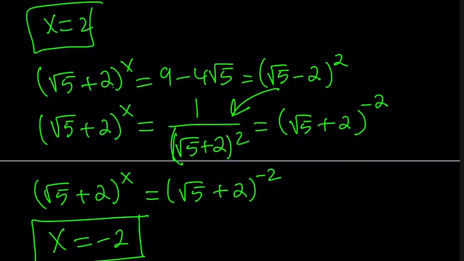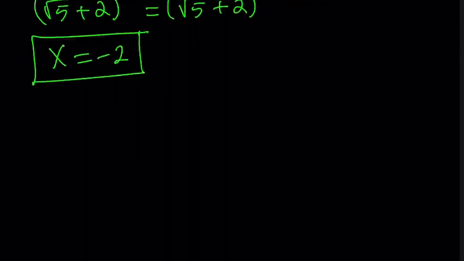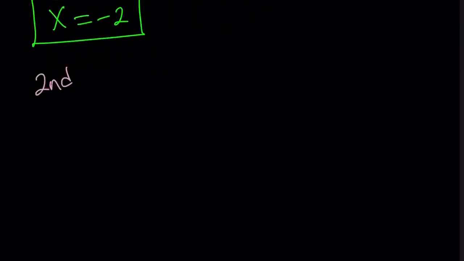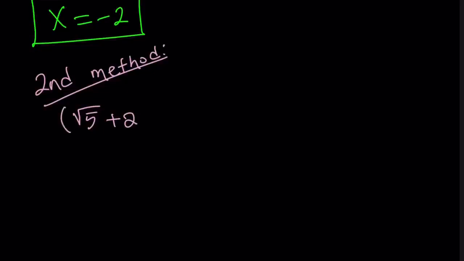Okay, second method. The second method is obviously very similar to the first. I just use a slightly different approach. So now, by using the binomial theorem, I can safely say that (√5 + 2)^x, if x is an integer, of course, can be written as a + b√5.